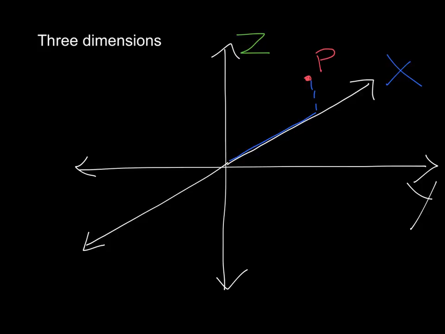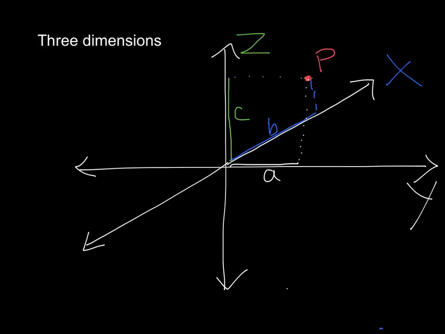And then we have to specify, it's difficult to get this in 3 dimensions, how far along the y-axis we might have to go. And then finally, how far up the z-axis we might have to go to reach that point.